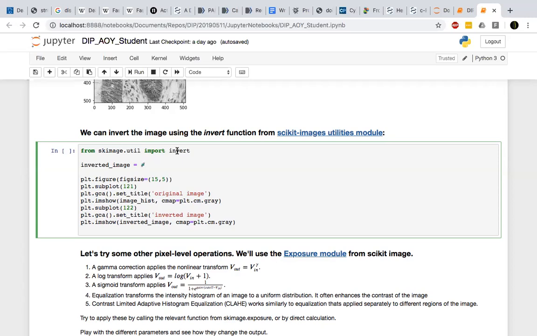So I say from NumPy import banana. Now I don't need to write all of this part. I can just call specific functions from this module banana by calling dot function.